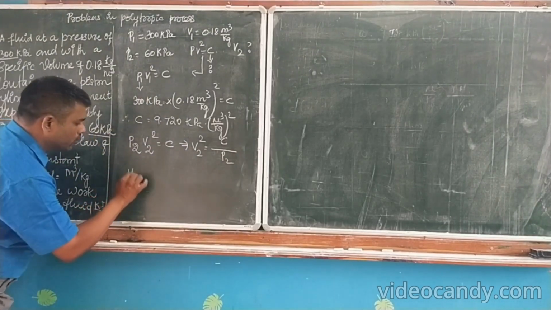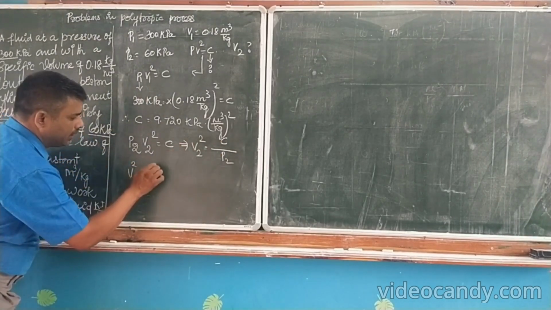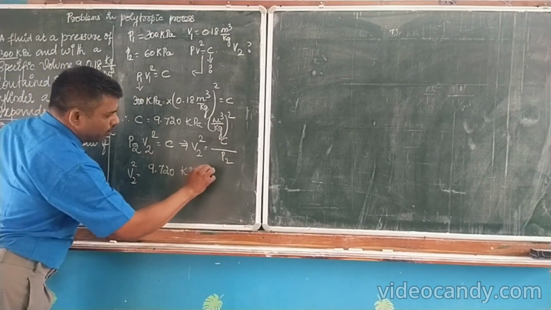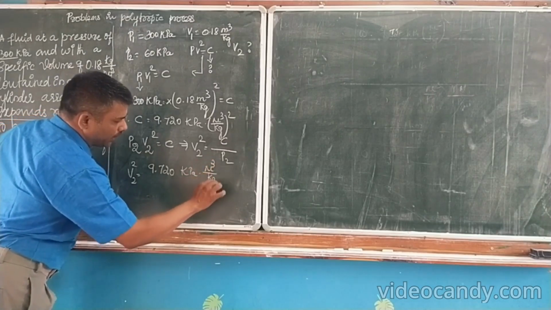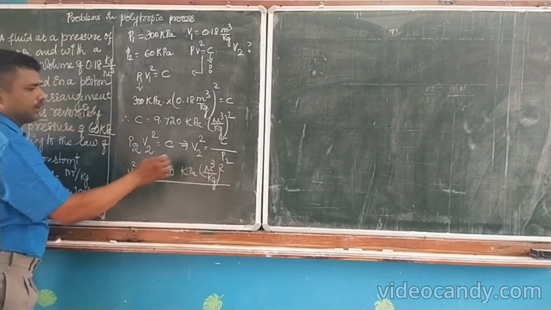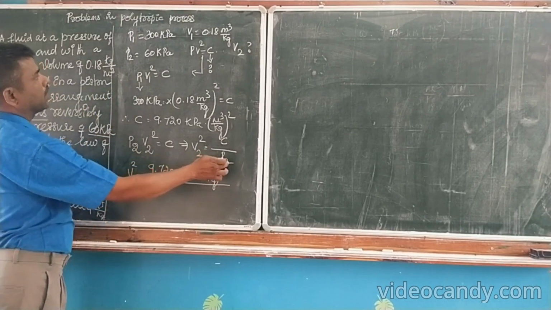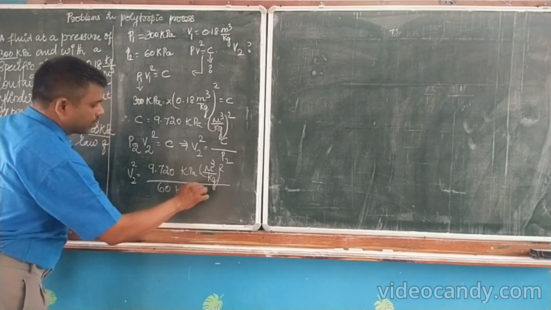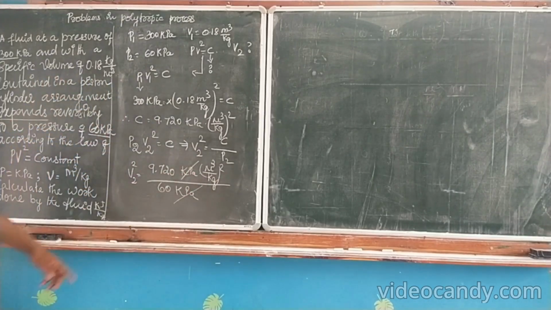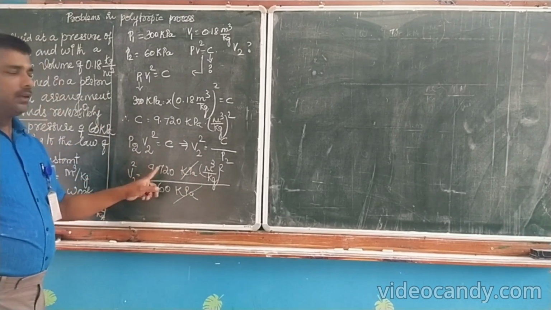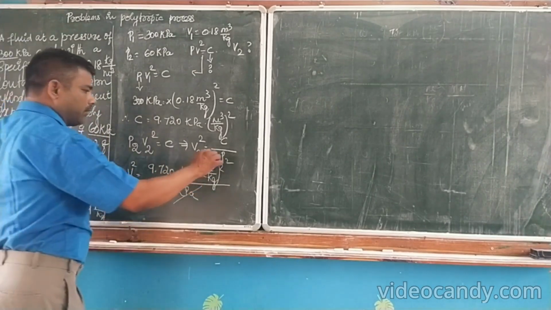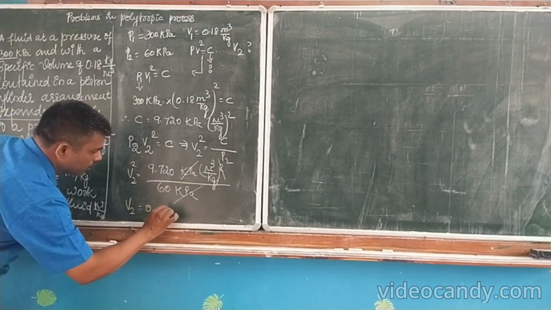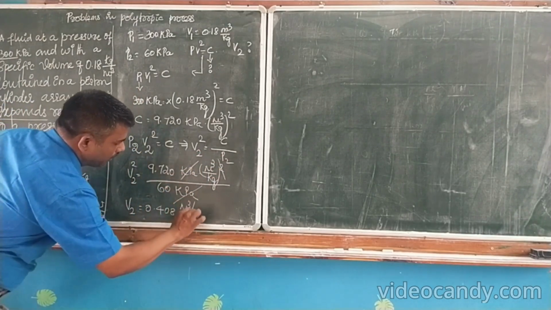So V2 square is equal to 9.720 kilopascal into meter cube per kg the square, divided by P2 value, which is 60 kilopascal. Kilopascal gets cancelled. After taking root of this value, the square meter per square value gets cancelled. The answer becomes V2 is equal to 0.408 meter cube per kg.